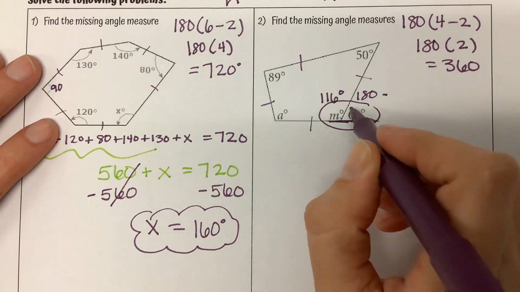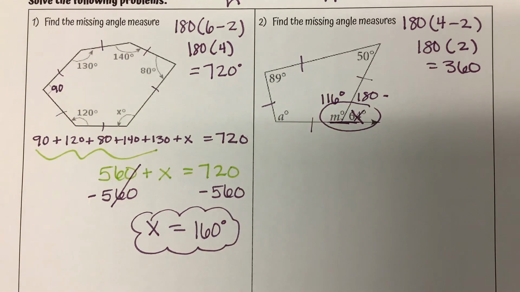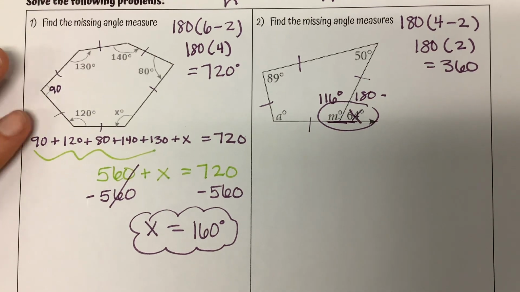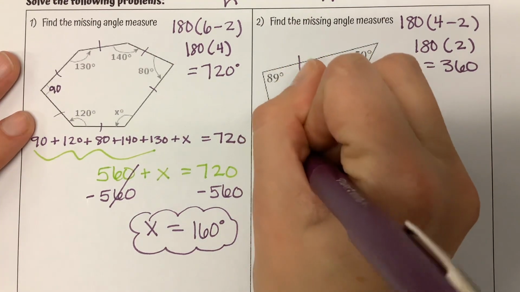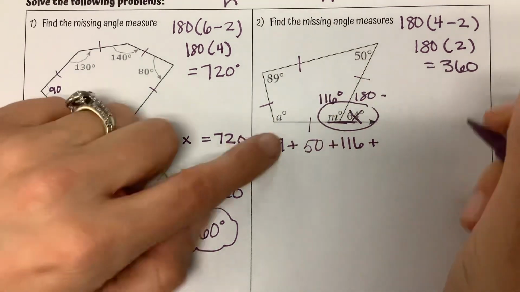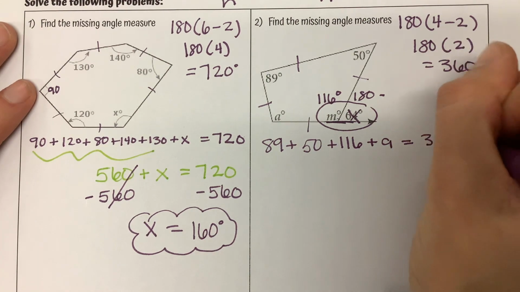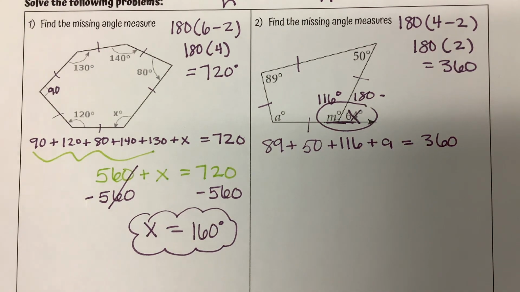So these, not the 64, because that's not needed, these 3 angles plus our unknown should add to 360. So 89 plus 50 plus 116 plus our unknown angle A should equal 360 degrees.